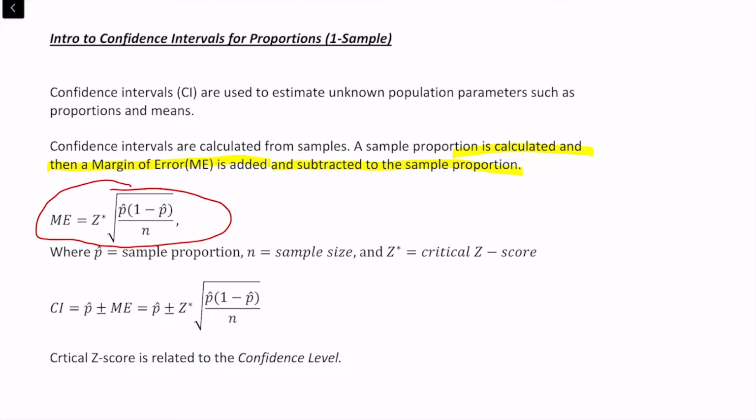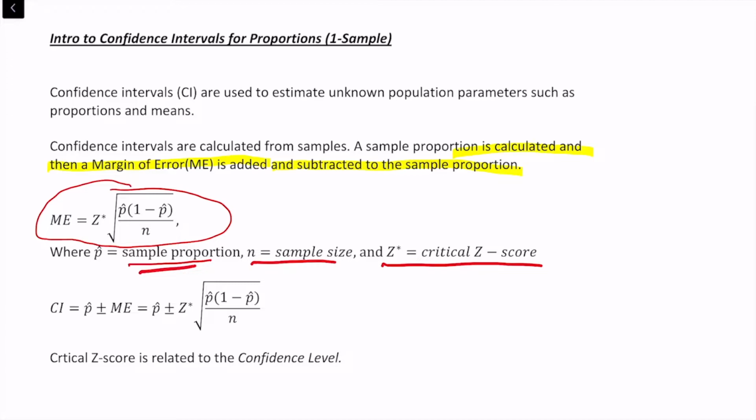Hopefully some of these symbols are familiar to you. I know the Z star may not be, but p hat is a sample proportion. n is your sample size. And as I said earlier, Z star is what we refer to as your critical Z-score. I'll show you how to calculate that in just a second.